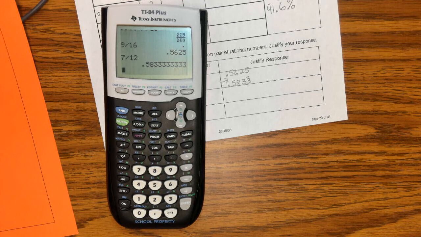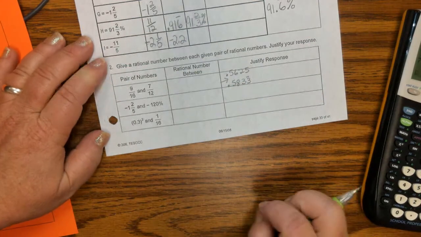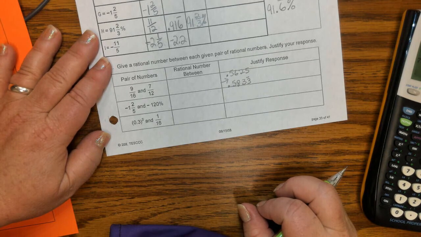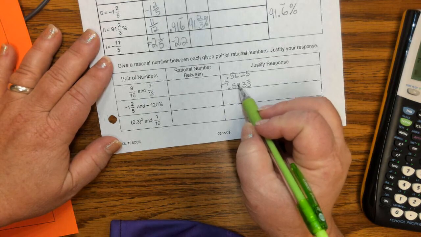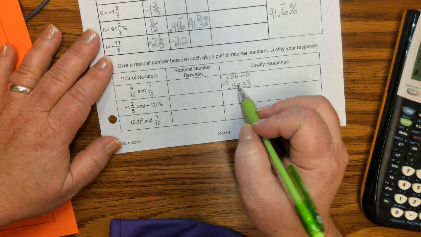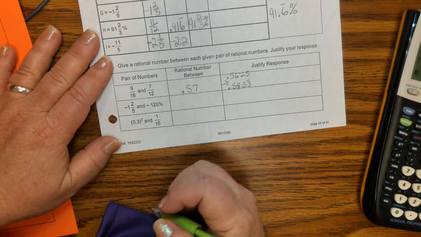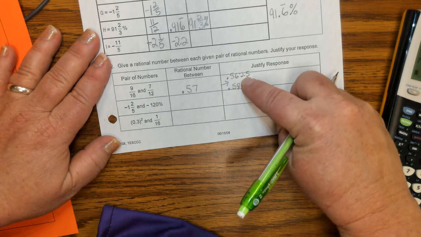Josue, which one do you see that would fit there? What number could go right between those 2? They both have a 5, right? What's the difference here? So I could just make it easy and write 0.57. I could make it more interesting and write 0.563, couldn't I?